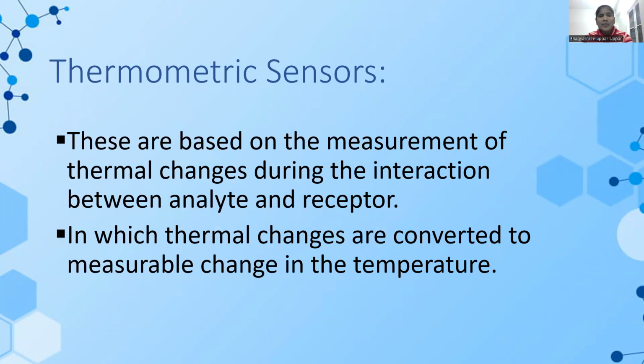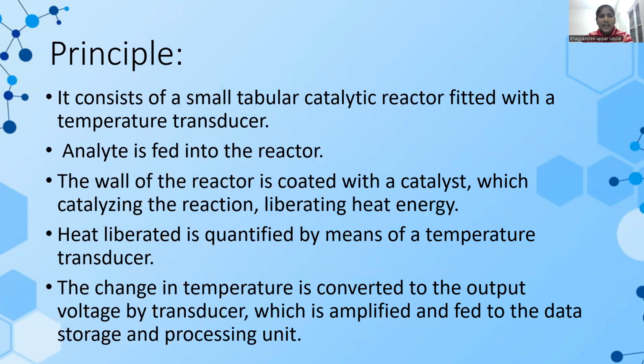Now let's see the thermometric sensors. These are based on measurement of thermal changes during the interaction between analyte and receptor, in which thermal changes are converted to a measurable change in temperature. The principle of the thermometric sensor: it consists of a small tubular catalytic reactor fitted with a temperature transducer.